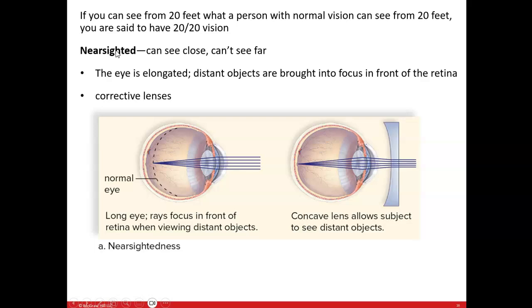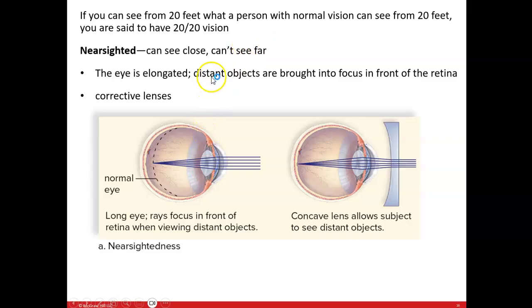You can only see when something is near. So nearsighted means you see better when something's near. You can see close, you can't see far. Okay, nearsighted, you can see close, but you can't see far very well.